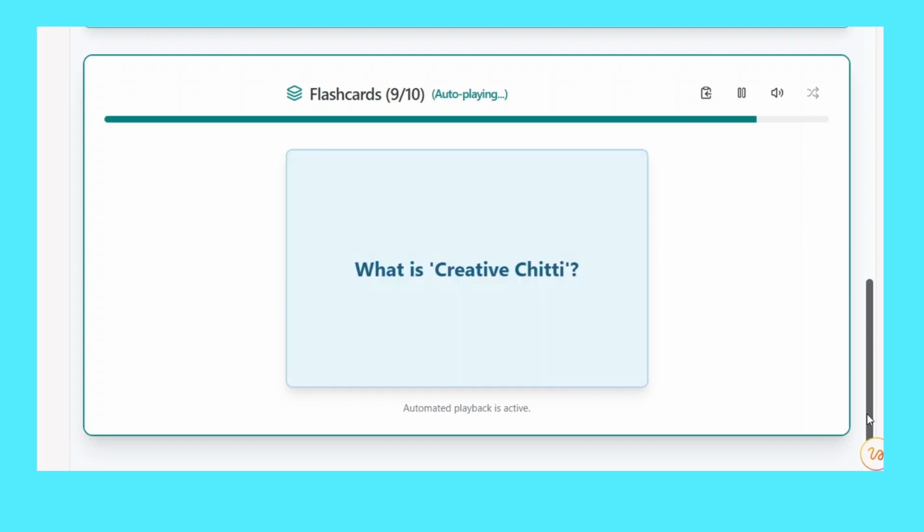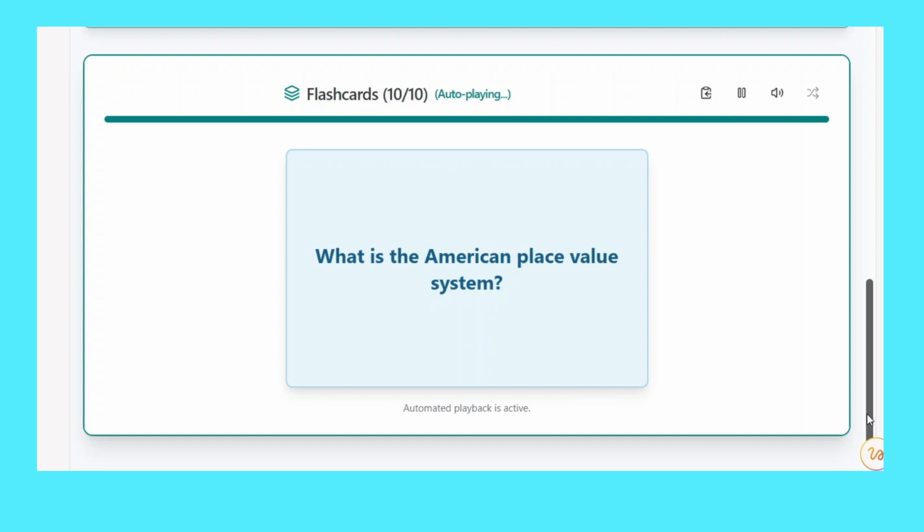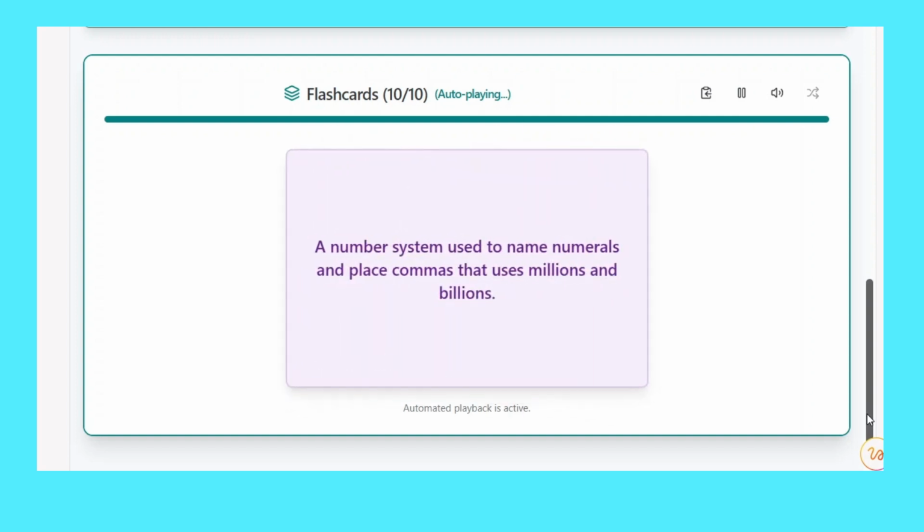What is creative chitti? A calculator with multiple buttons, used to find different ways to obtain numbers. What is the American place value system? A number system used to name numerals and place commas that uses millions and billions.